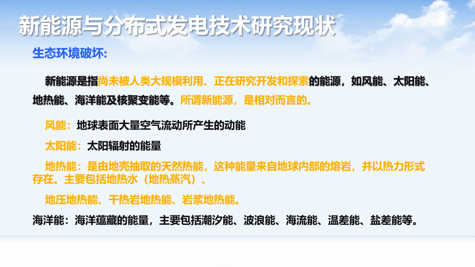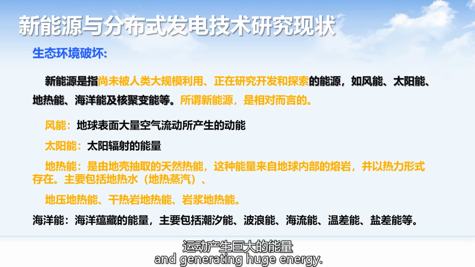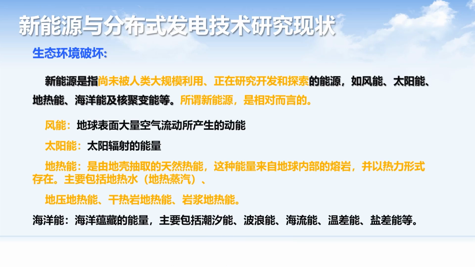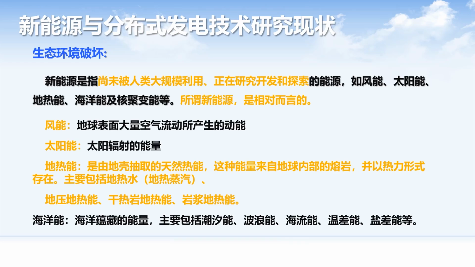Wind energy. In solar radiation, the atmosphere is heated, promoting convective motion in the atmosphere and generating huge energy. Solar energy, in addition to atomic energy, is a source of various energy on Earth.